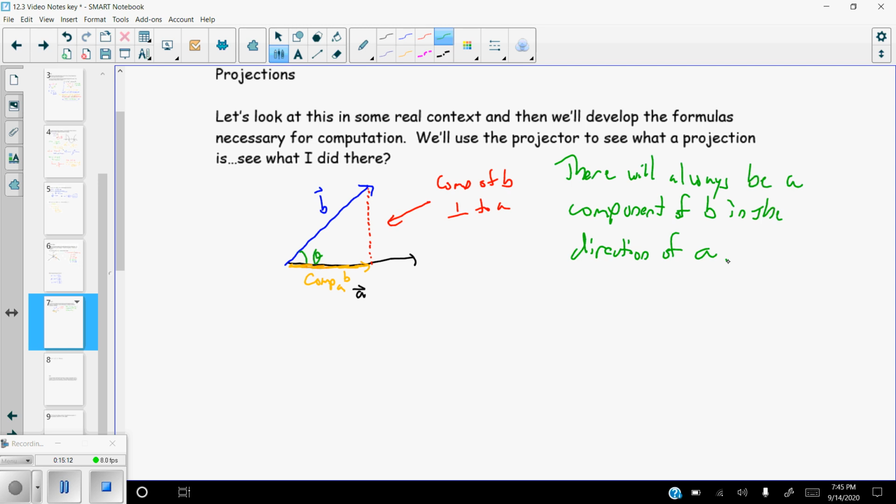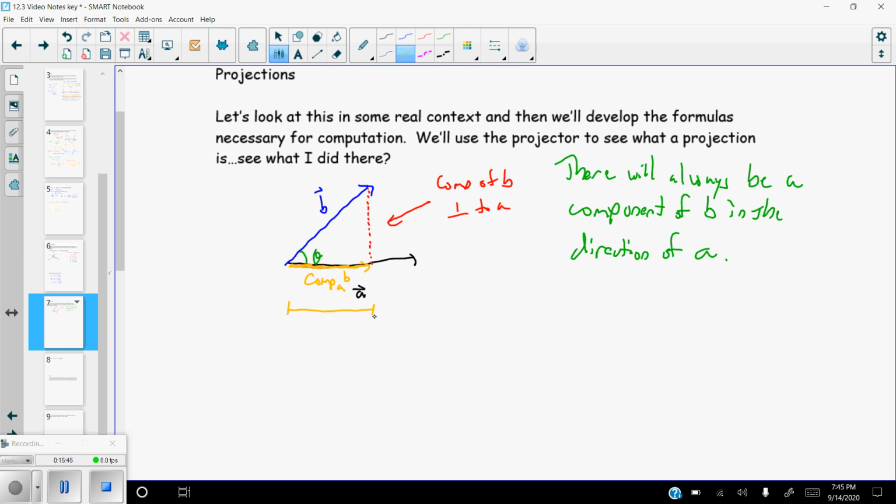And that, again, is this part right here, that length right there. What I'm going to tell you is the component is a scalar. It's basically telling you the length of that particular vector that's projected down onto A. The vector itself will be the projection, and that will be a vector as opposed to a scalar.